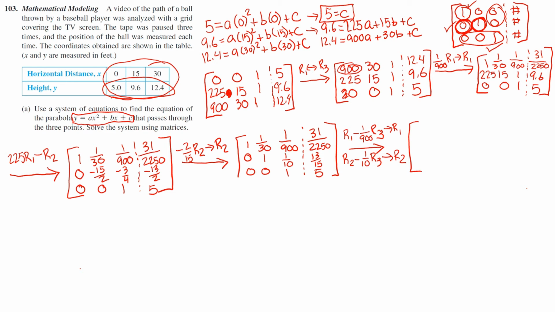Now from here, what we're going to do is we are going to get a result. So we're going to do 1 minus 1 over 900 times 0, which is 1, 1 over 30 minus 1 over 900 times 0 is 1 over 30. Then 1 over 900 minus 1 over 900 times 1 is 0.